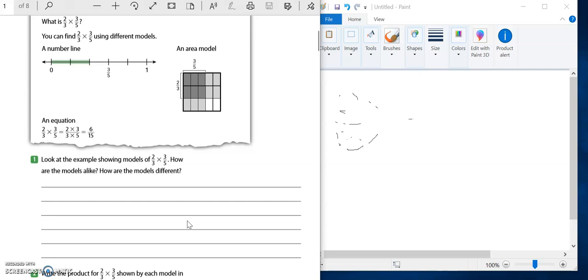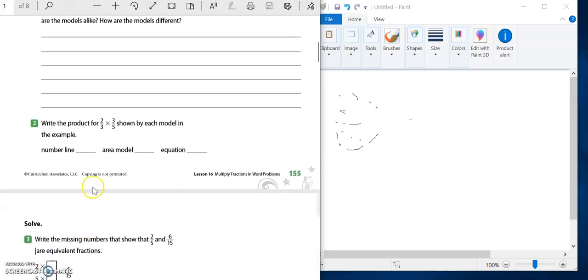So the area model shows the different quantities, the number line represents them with pictures and numbers, and the equation represents them with just numbers. For the number line and the area model, you need to interpret the product and write the numbers to represent what is shown, while the equation shows it already as a number value.